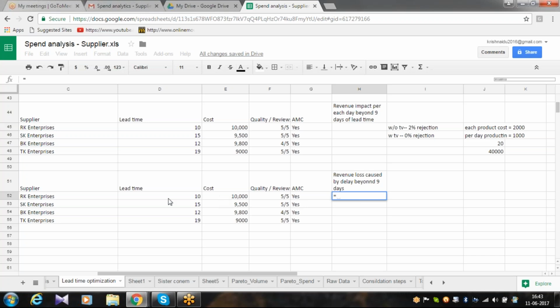So here my lead time from supplier RK Enterprises is 10 days. How many days will I have a loss if I ask RK Enterprises to deliver the product? 1 day. How? 10 minus 9.